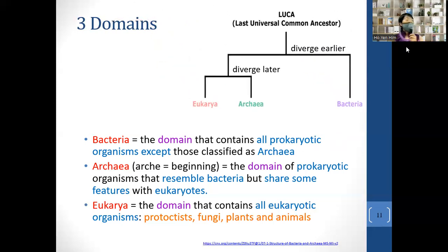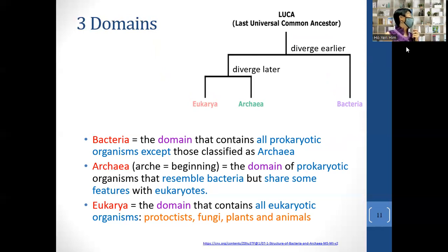So this is an evolutionary tree relating these three domains. Since Archaea has features that more closely resemble Eukarya than bacteria, more closely related, that means they have a more recent common ancestor.